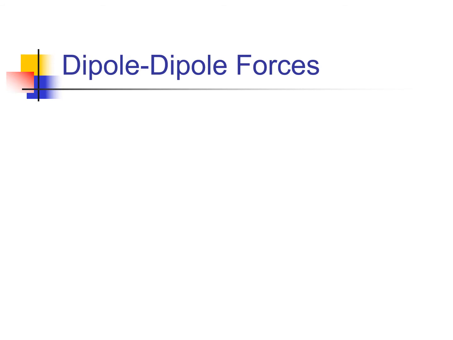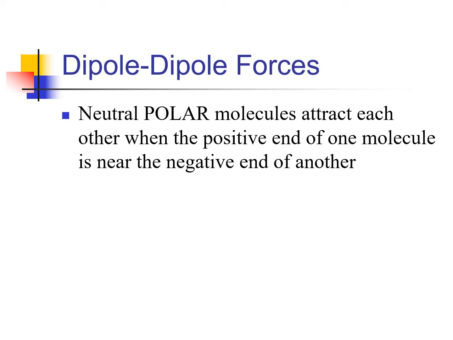So, in no particular order, we're starting in the middle with dipole-dipole forces. If I have a neutral polar molecule, this is where the previous chapters come into play. You have to be able to identify, is this molecule polar?